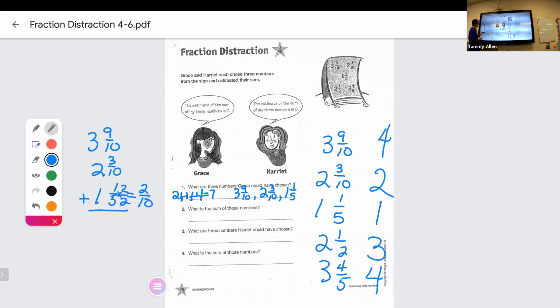Okay? So we have 9/10, 3/10, and 2/10. That's how many tenths? 9, 3, and 2? How many? 3, 2, and 1? Can we leave it as that?